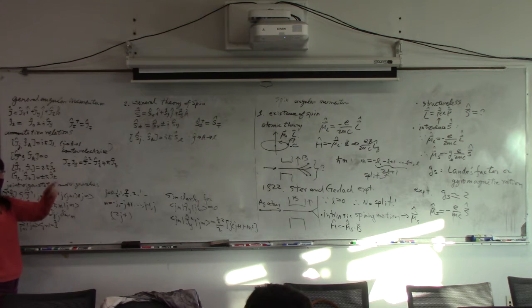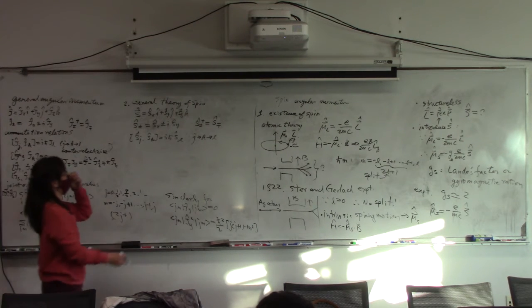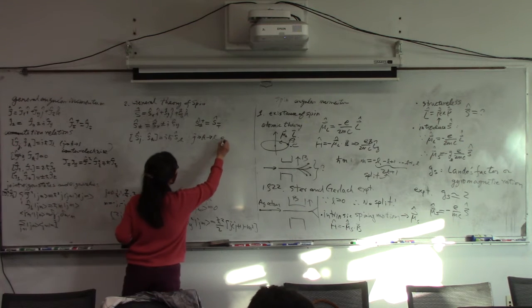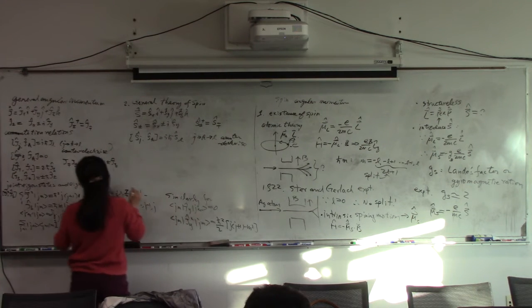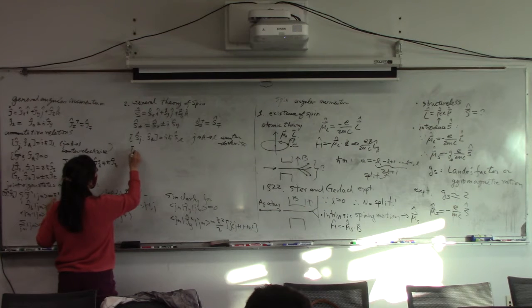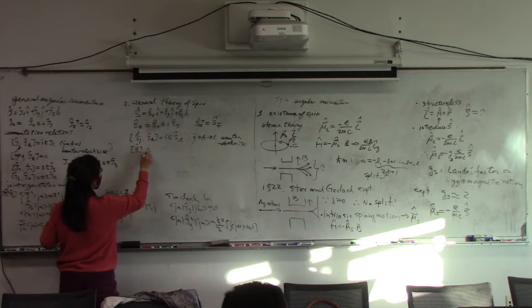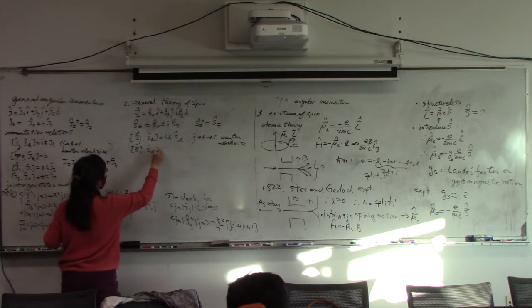Otherwise, if you take the opposite direction, the clockwise, you have to take the negative sign. Then the others: S square commutes with any components.